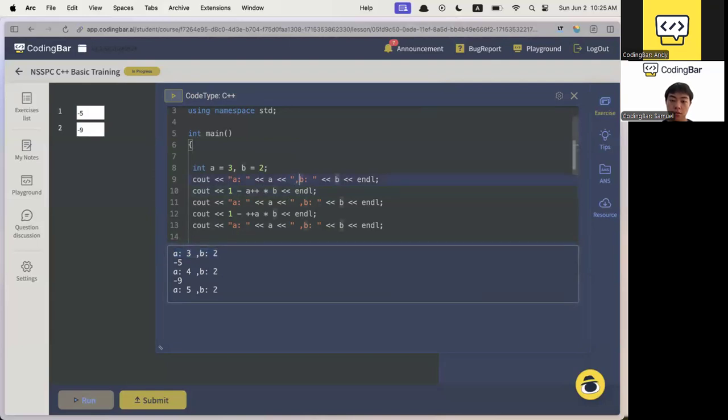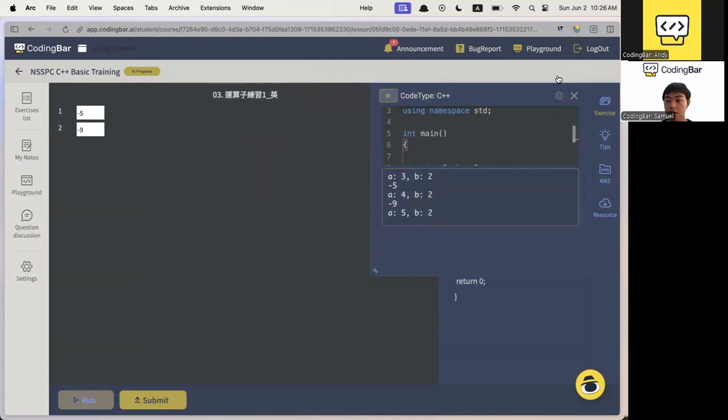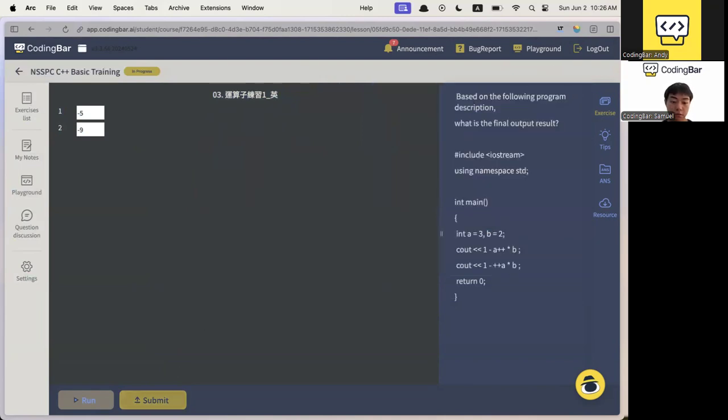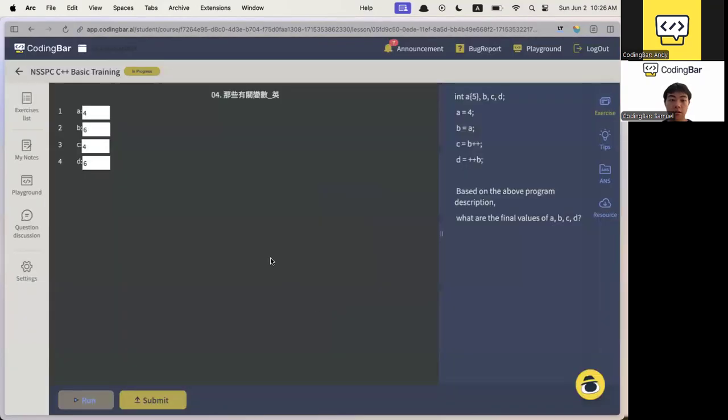And format it a little bit. And then here the answer is minus 5. But right after this calculation, because of A plus plus, A is now 4. A is now 4, B is still 2. And in line 12, after this calculation, A is now 5, B is 2. So I hope you get the idea. Submit it and it's correct.